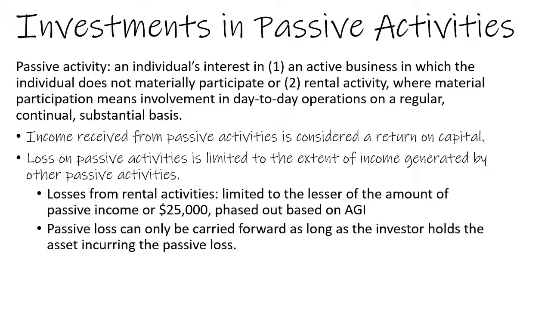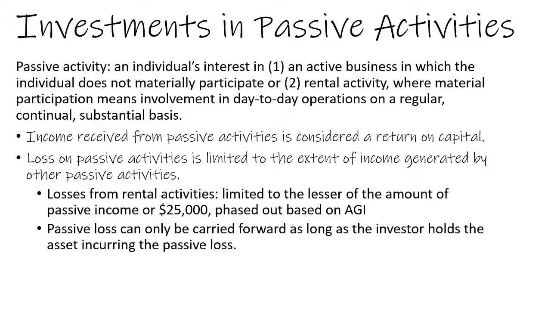Income received from passive activities is considered a return on capital, and loss on passive activities is limited to the extent of income generated by other passive activities. Losses from rental activities, specifically, are limited to the lesser of the amount of passive income, or $25,000. This ceiling threshold gets phased out based on adjusted gross income.